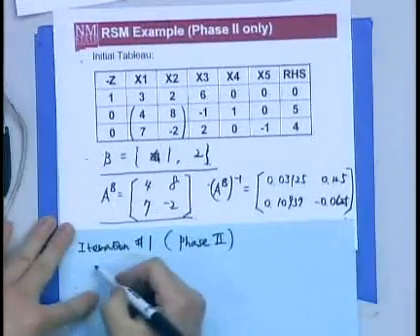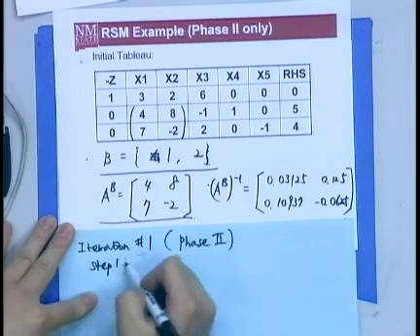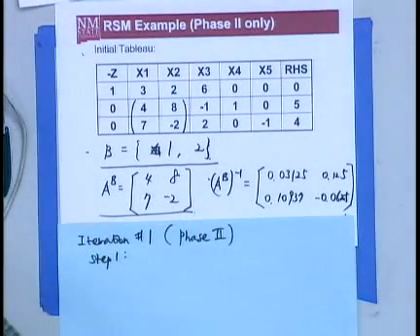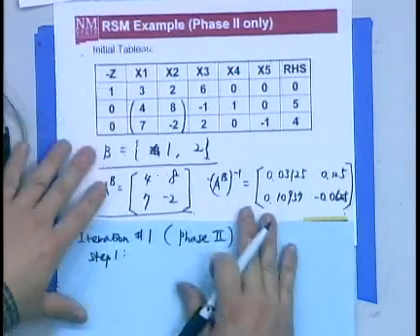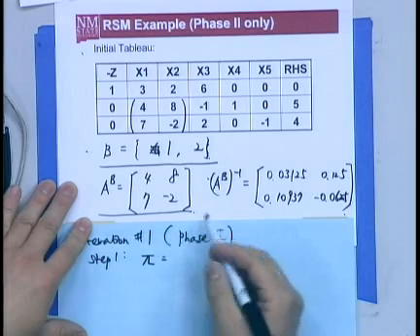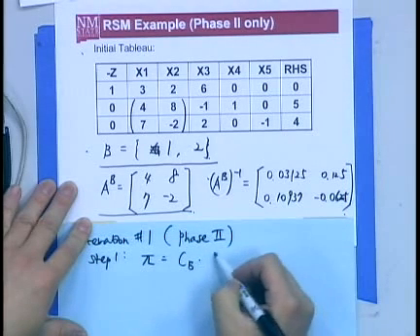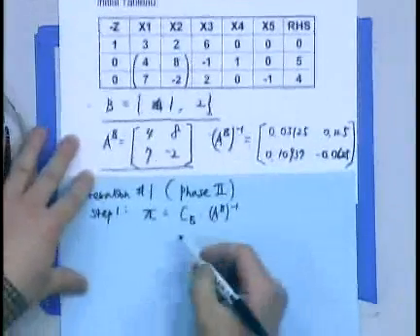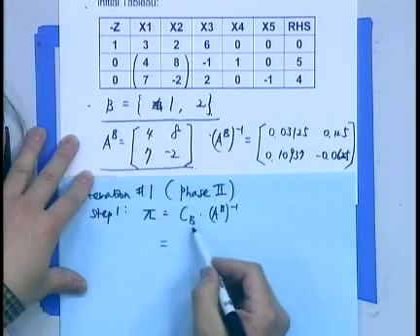The first step is to compute the simplex multiplier vector, right? Which is pi. What is the value of CB?